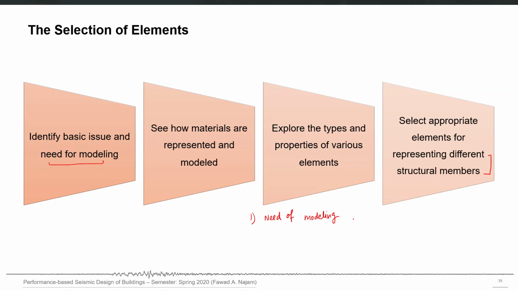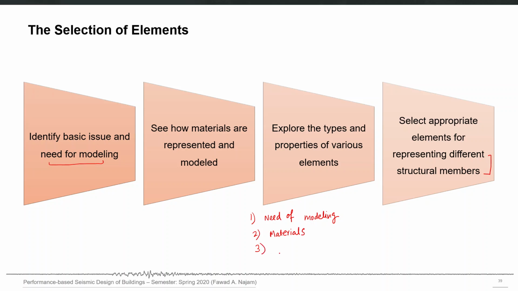If you are modeling to get the global response, for example, then there is no need to model the complete structure with three-dimensional elements. The second thing is you should keep in mind the materials, how the materials are going to be modeled.